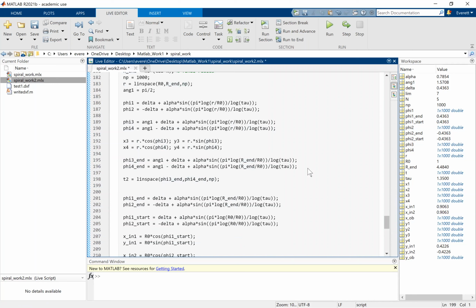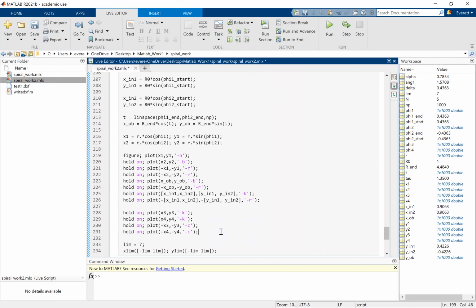And then let's make our Cartesian coordinates. So x_outer_bound_2 will equal r_end times cosine of T2. Our y_outer_bound_2 will equal r_end times sine of T2.